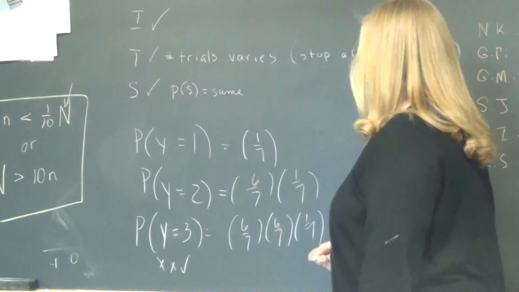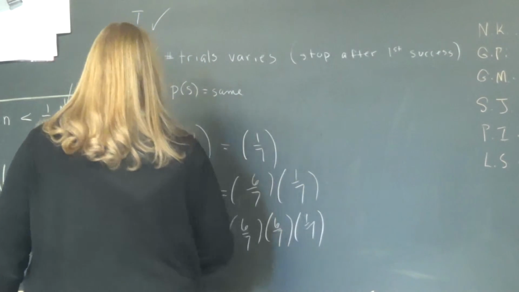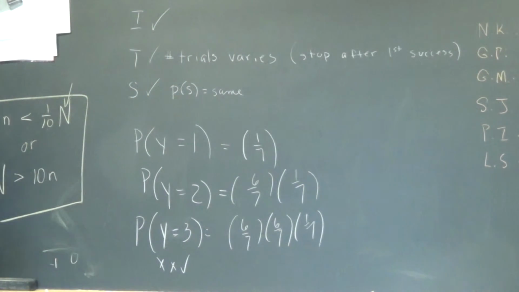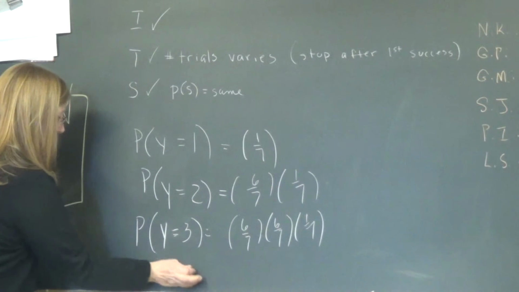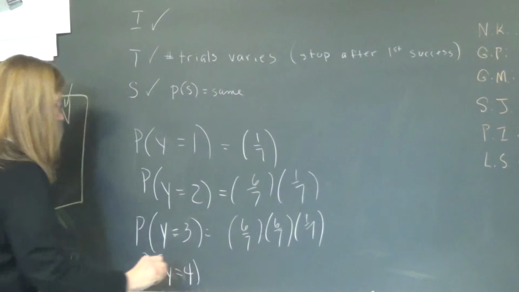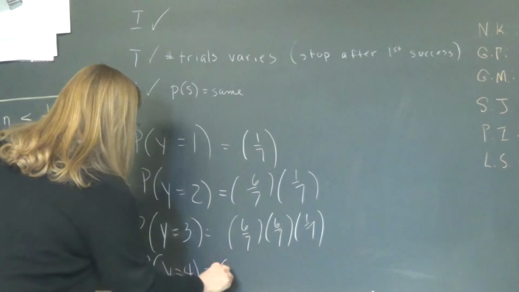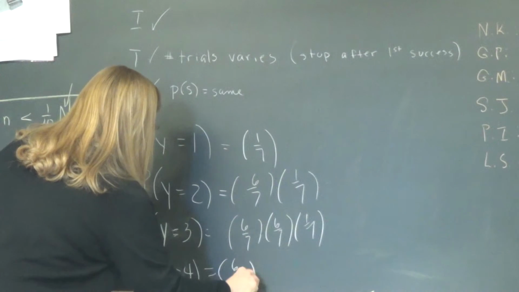Let me do one more, and then we'll see if someone can tell us the general one. Watch for a pattern. The probability of Y equals 4: you want wrong, wrong, wrong, right. So 6 over 7, 6 over 7, 6 over 7, 1 over 7.